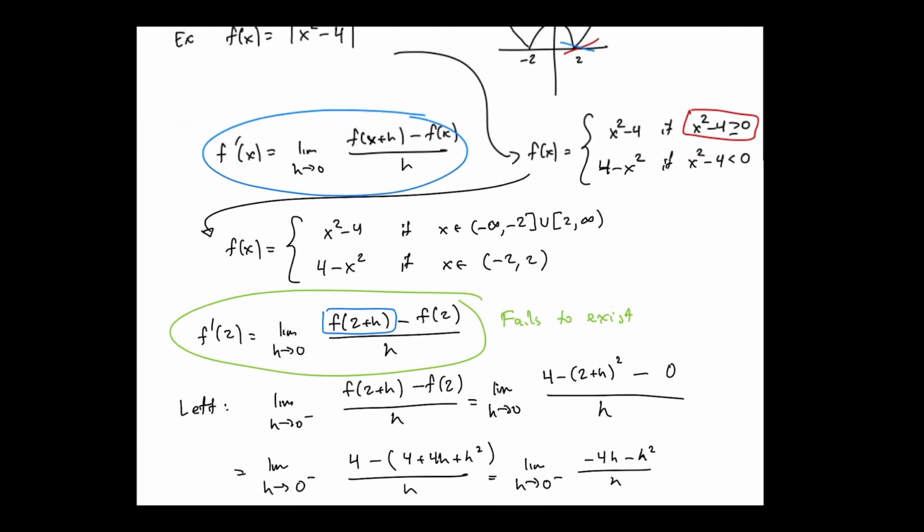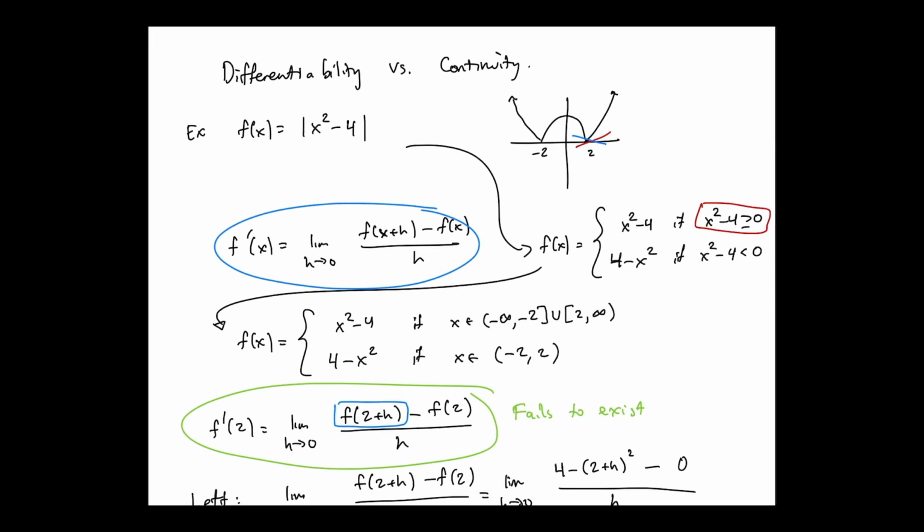Those were our two weird points, and maybe you can expect why, because where was the border between where we had our two definitions of the function? Where were the transition points? 2 and negative 2, right? So those are automatically going to be the places that are sus, and then we have to go through the limit to determine that, yes, in fact, we want to throw both of them out the airlock.